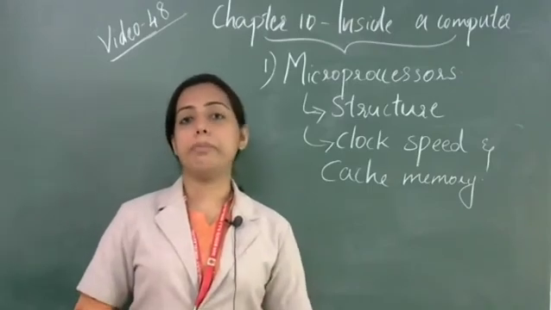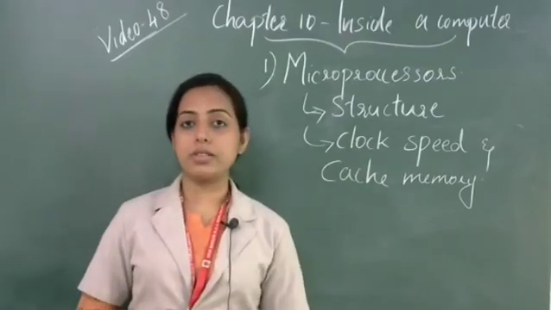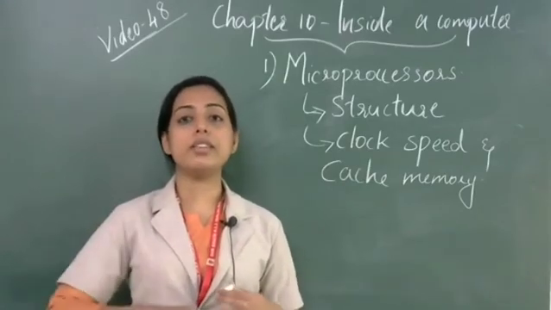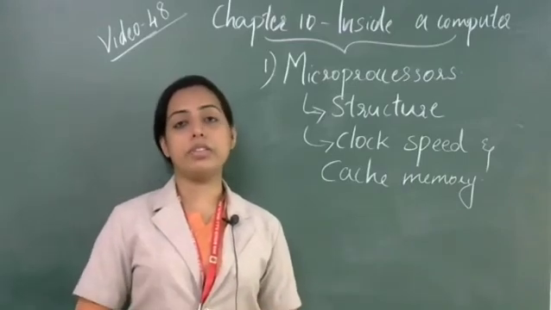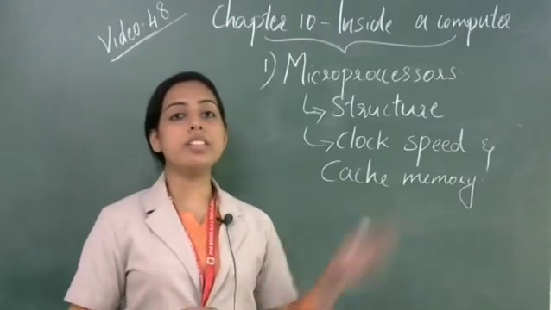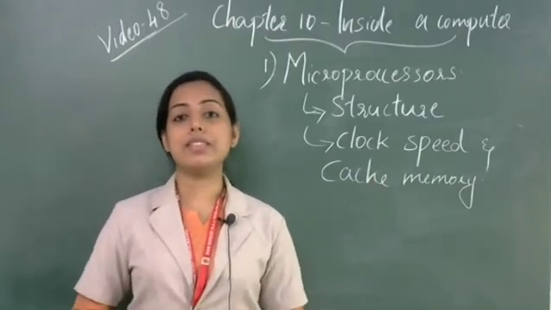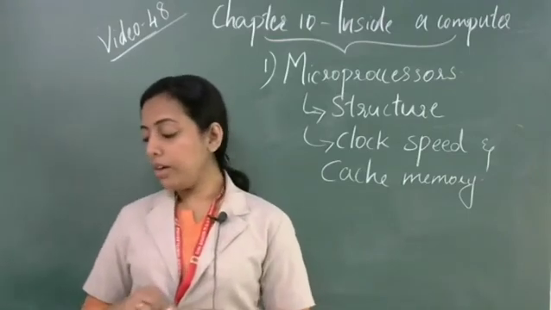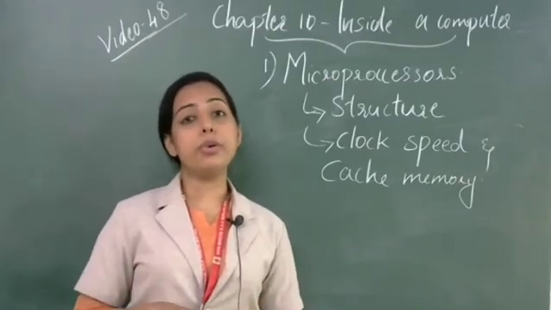So this processing is done with the help of the microprocessor, and in the microprocessor different units and sections are there: arithmetic logic unit, control unit, memory unit, etc. With the help of all these units, the microprocessor does its processing and gives us the output. In your textbook, page number 140, the structure or the working of the CPU is given.